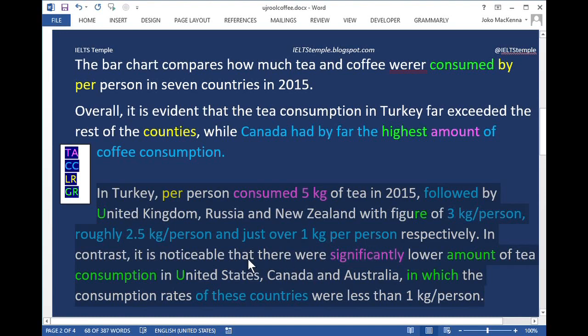In contrast, it is noticeable. That's one of these words that you've been taught to use, and it doesn't work here. It is noticeable? Really? That there were significantly lower amounts of tea consumption in the United States, Canada? Really? Okay, so New Zealand and Australia.